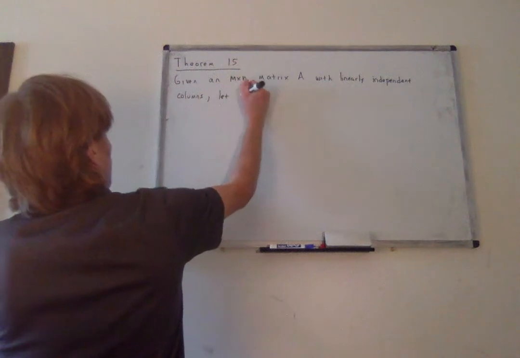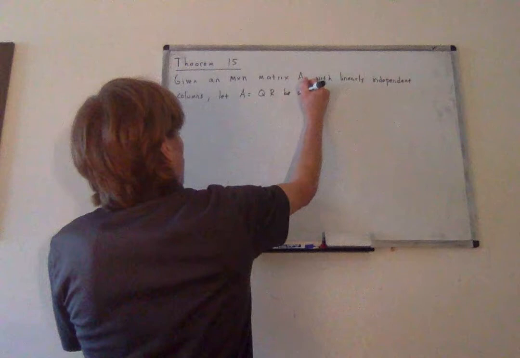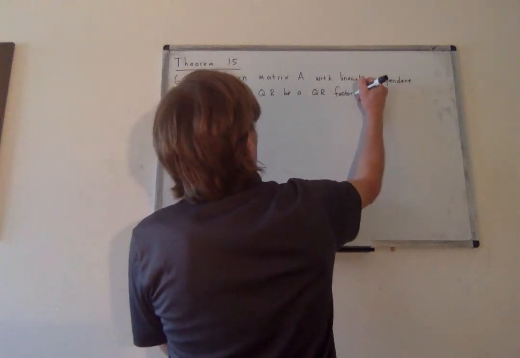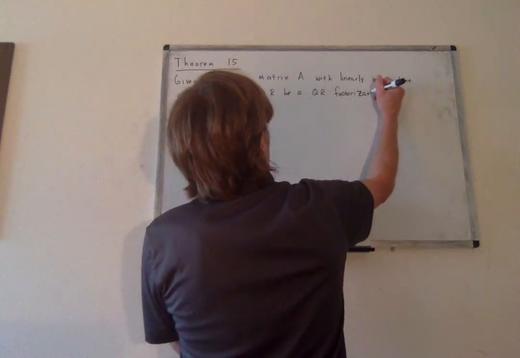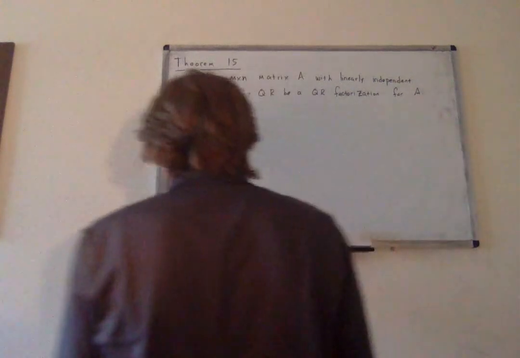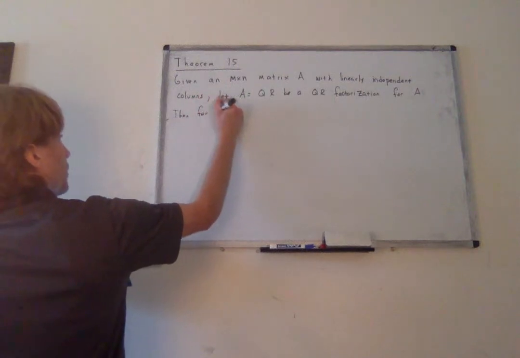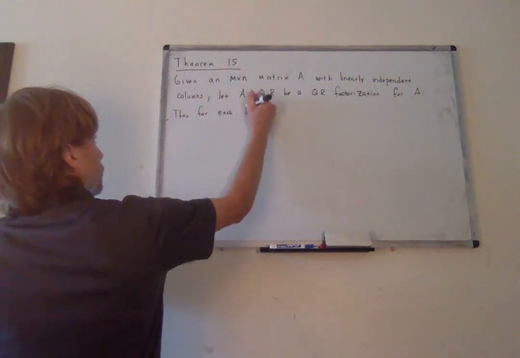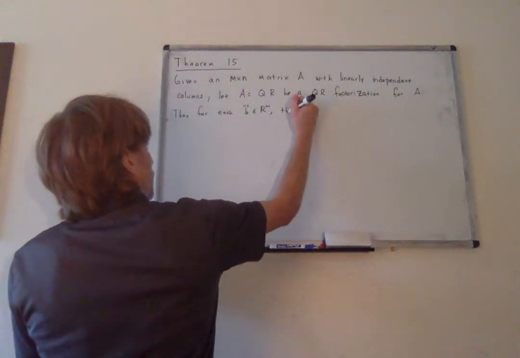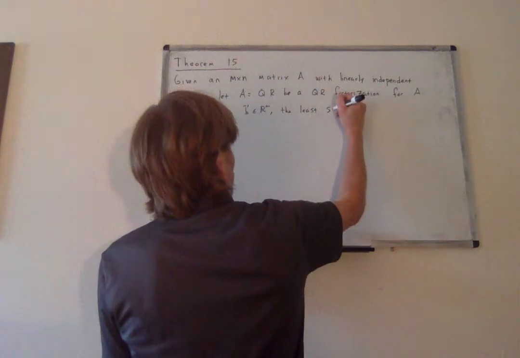We're going to let A equal Q times R be a QR factorization for A. Then for each vector B in R^m, the least squares solution, and notice here we know it's unique because A has linearly independent columns.